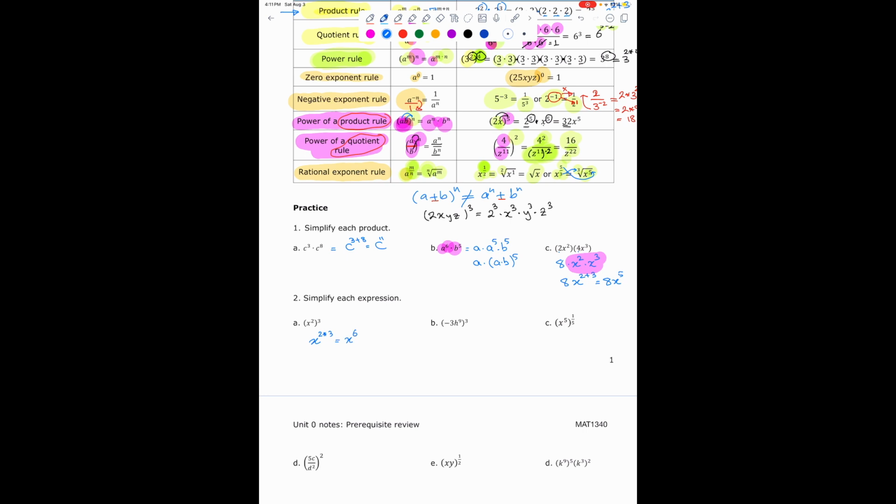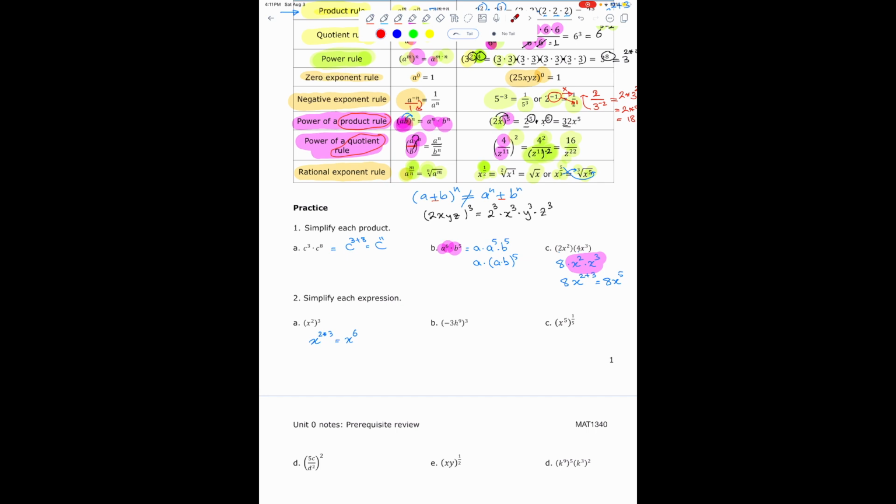Now, many of you are going to confuse the power rule with the product rule. Notice the difference. Here I have 2 similar bases. They're multiplied together, similar bases with different exponents. Here I have one base raised to a power, and that expression is raised to another power. So here is a power of a power, or an exponent of an exponent.